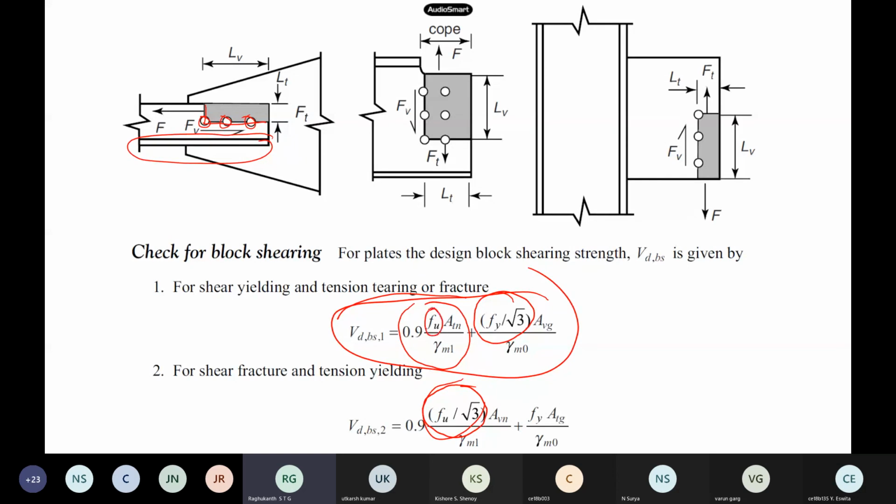Whenever you see Fu, what type of failure is it? Rupture. Fu is related to rupture, Fy is related to yielding. So this is essentially shear yielding and this is tension fracture. Similarly, this one is shear rupture and tensile yielding. Just by looking at the terms you can easily identify. This is a very easy thing.